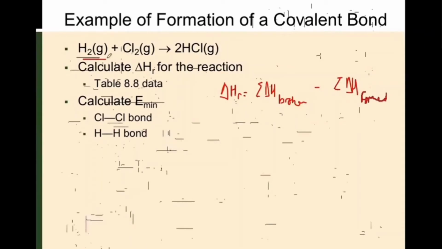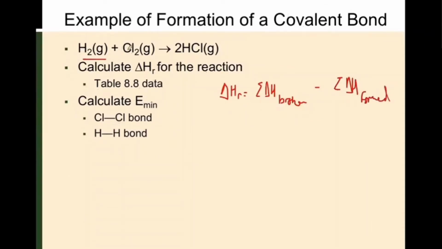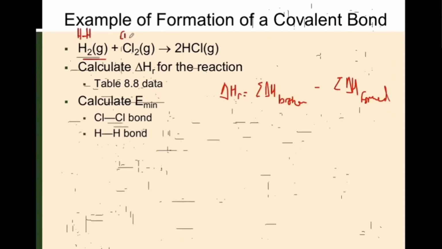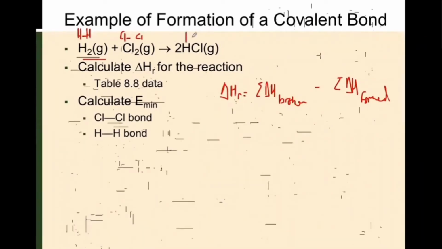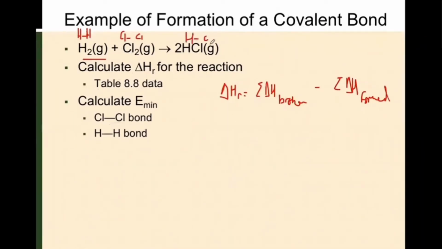So in this case, H2 is H-H, so we're going to be breaking an H-H bond, and then Cl2 is Cl-Cl, so we're going to be breaking a Cl-Cl bond, and then we're going to be forming 2 HCl bonds.